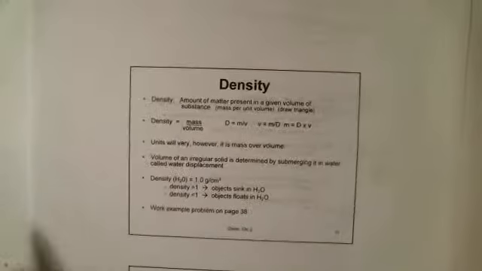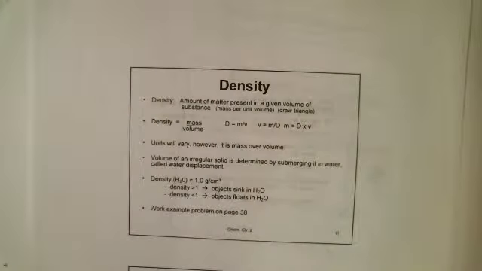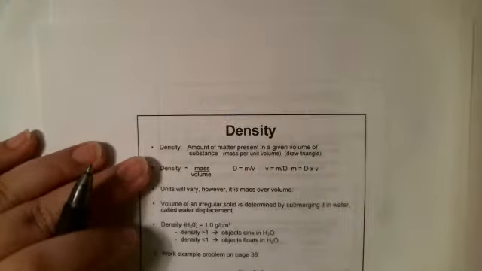And there's a slide that talks about density. Density is the amount of matter present in a given volume of substance. So really, it's mass per volume. A good way to remember the formula for density is if you draw one of these triangles.